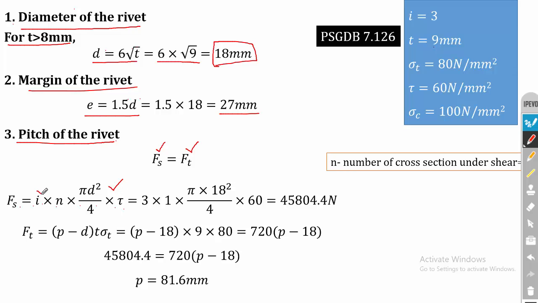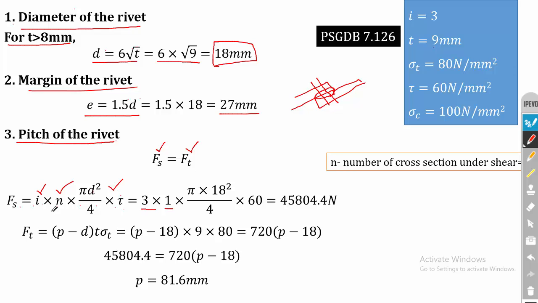So here I is the number of rivets, N is the number of cross sections under shear, then D we have to calculate and tau is given. So I is 3, N is 1, because since it is lap joint, for one rivet, there is only one region subjected to shear.